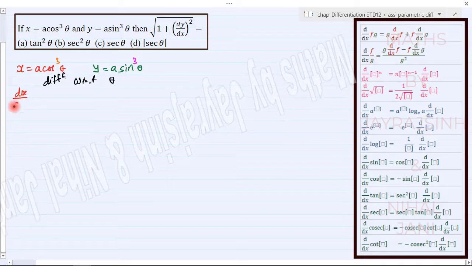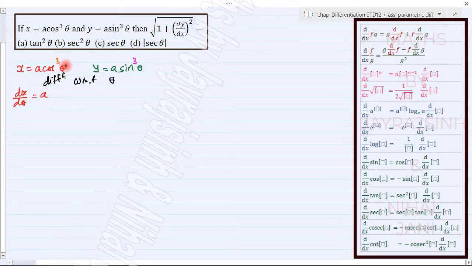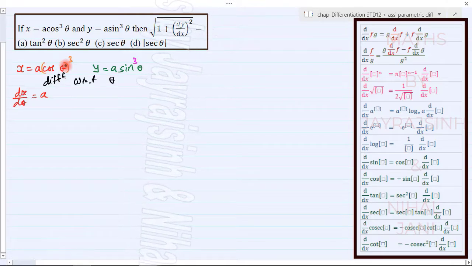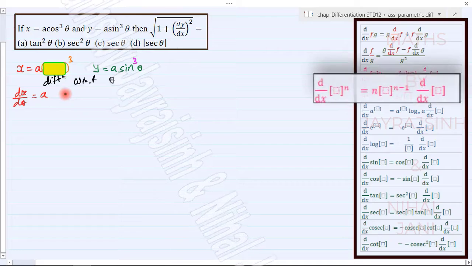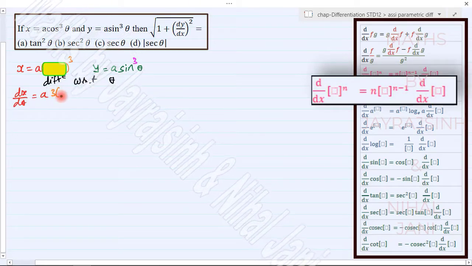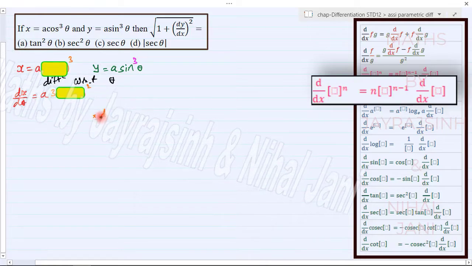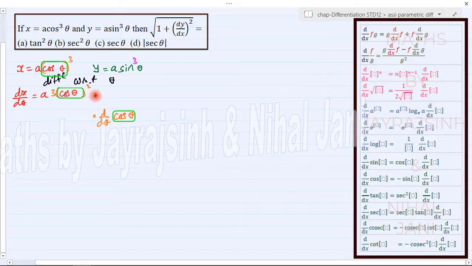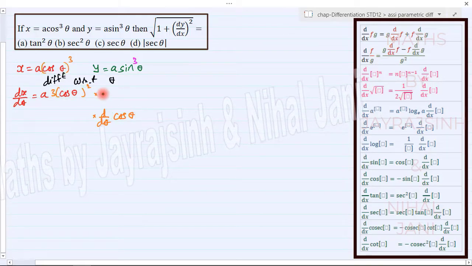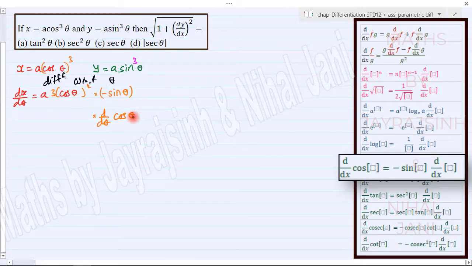So we will get dx by d theta is equal to a, which is constant. To differentiate cos cube theta, we have to consider a box around the cos theta. So we'll get differentiation of box cube, which is 3 box square into d by d theta of box. Within the box we have cos theta, so we have to multiply the differentiation of cos theta, which is minus sin theta.